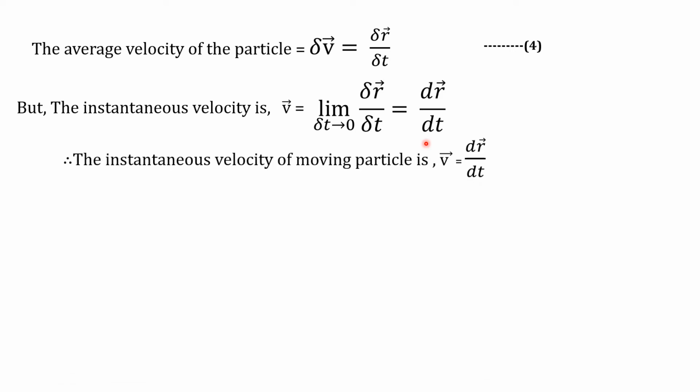And this is the equation we get: vector v equals vector dr by dt. Now what does it represent? Velocity is the derivative of the position vector r with respect to the parameter t.